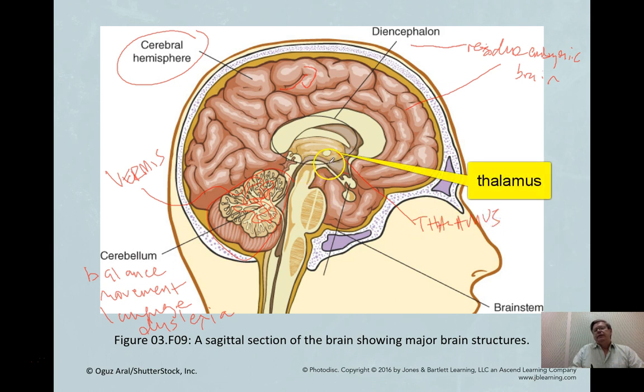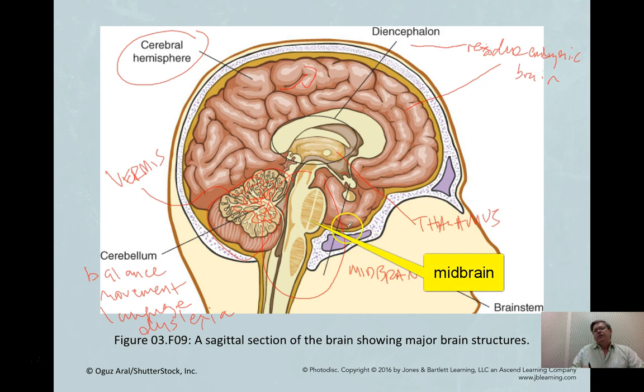And beneath the thalamus, we have what is sometimes referred to as the midbrain. So all of this structure here beneath the thalamus is called the midbrain. And then the midbrain feeds down into the spinal cord.